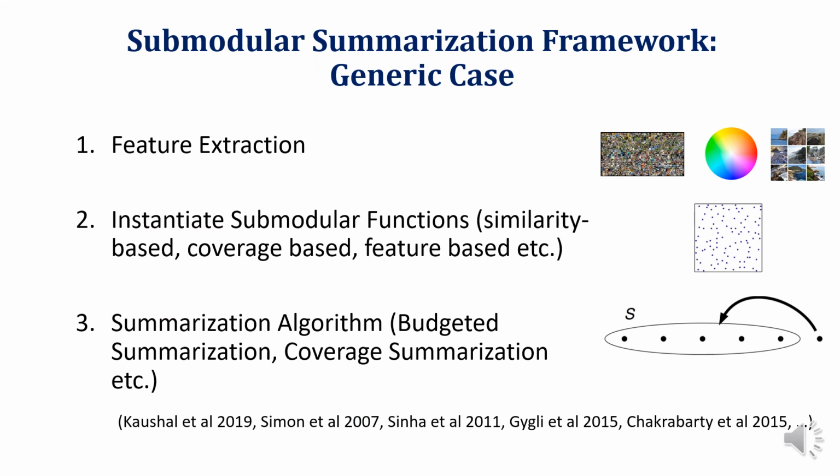Now, the common approach underlying all of these is feature extraction to begin with. And then you instantiate some submodular function, one of your favorite similarity-based, coverage-based, feature-based functions. Invoke the summarization algorithm, which could be budgeted summarization or coverage summarization, which we have already discussed.